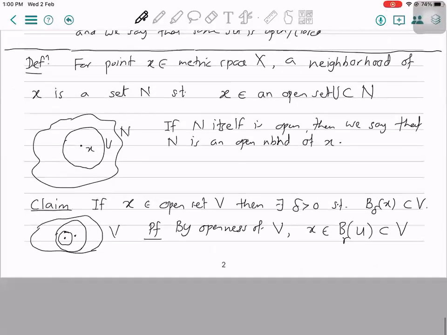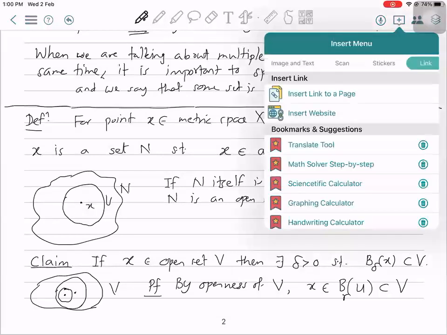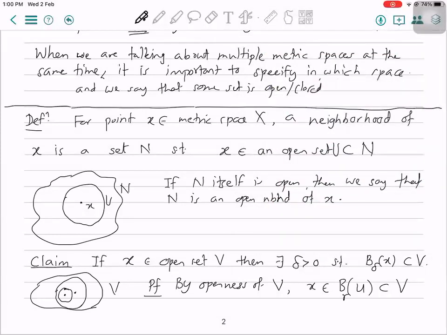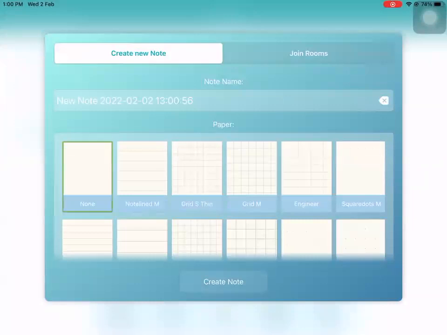Does anybody have any experience with this? No. All right, I'll tell you what, we're just going to go to a new note today.